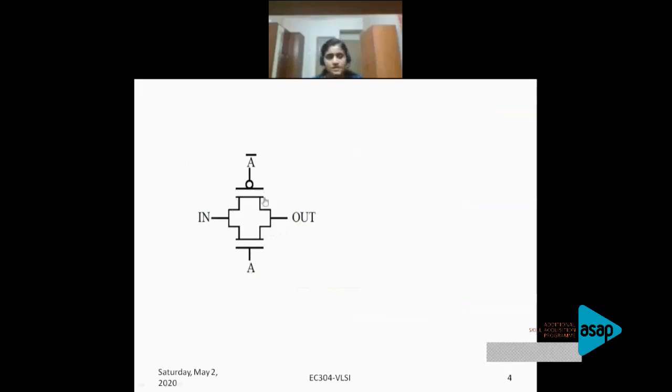This is a transmission gate. On the left-hand side you have an input: I've shorted the input terminals of both NMOS and PMOS together and taken that as input. The outputs of PMOS and NMOS are shorted together and taken as output.